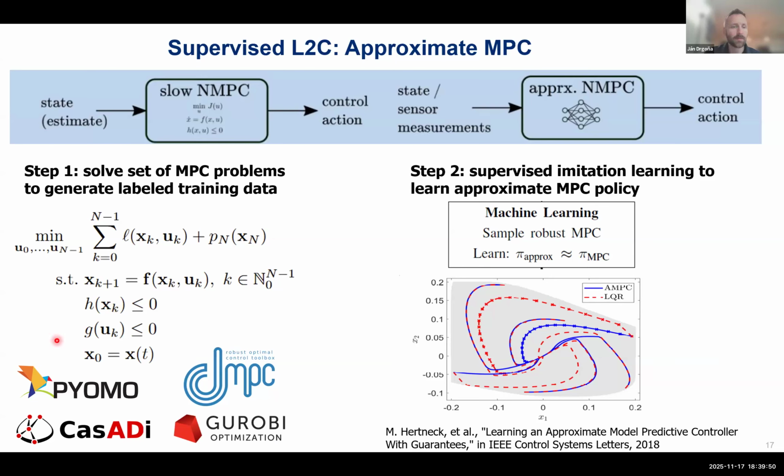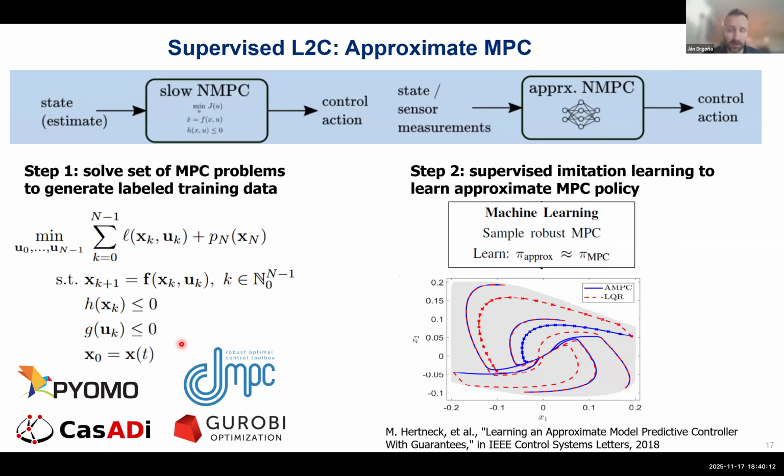And this is a parametric optimization problem because its solution depends on the input parameters, which are our initial conditions, and potentially can include additional parameters like different reference trajectories or different constraint parameterizations. And with time varying parameters, we need to solve this repeatedly online.